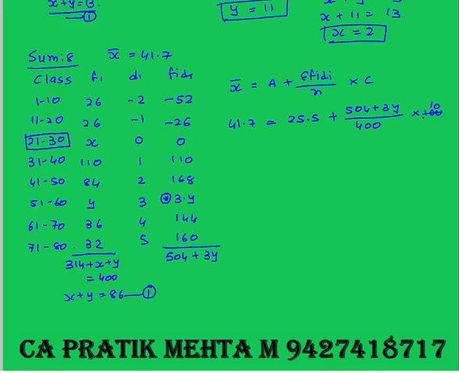Now 25.5 will go to the other side, so it is 16.2, that is 41.7 minus 25.5.